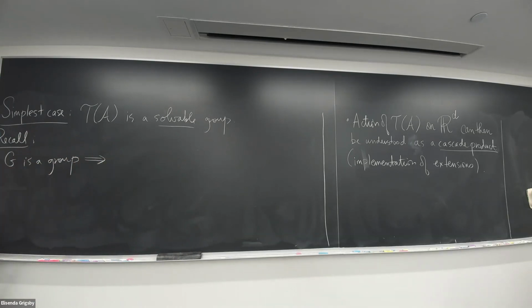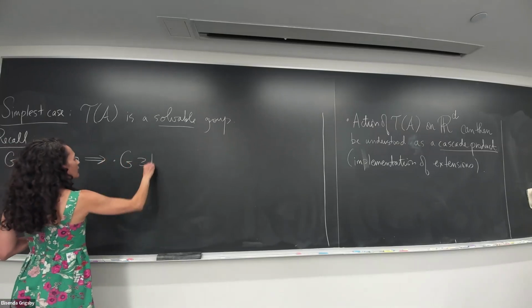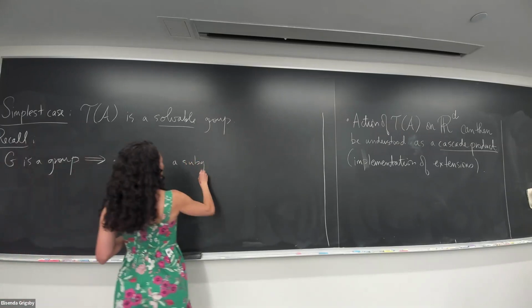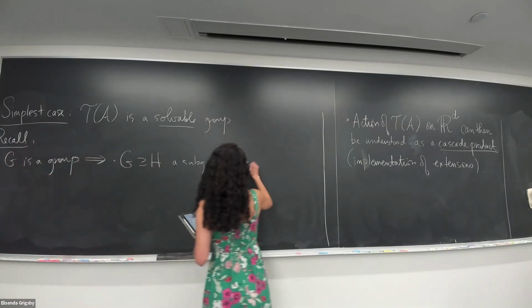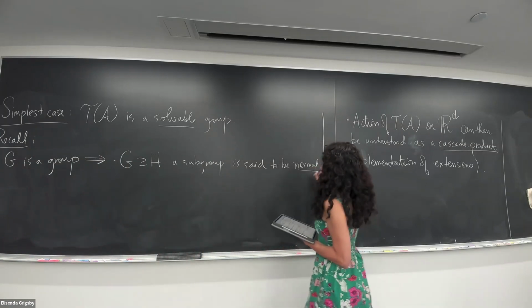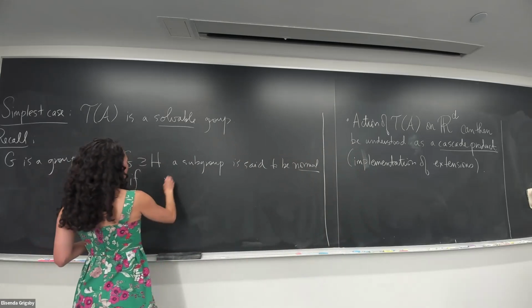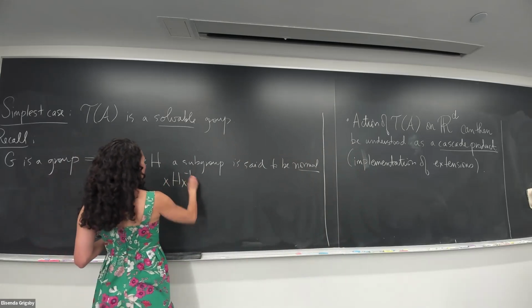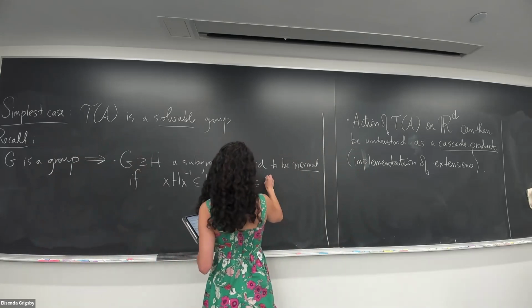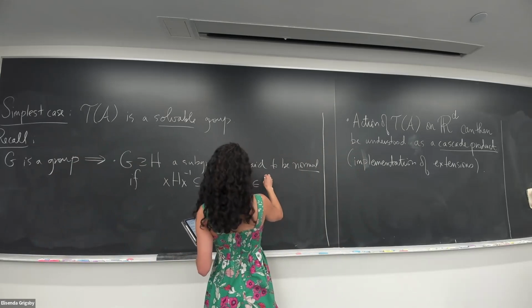And then a subgroup of G is said to be normal if you can treat its left cosets as the same as its right cosets.